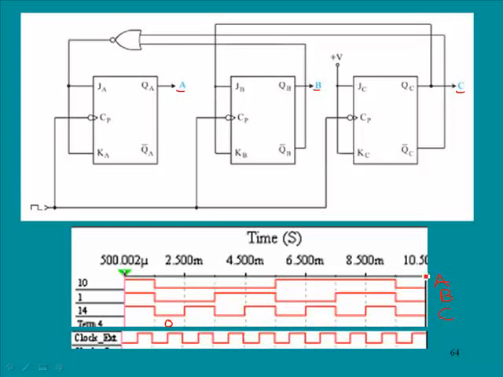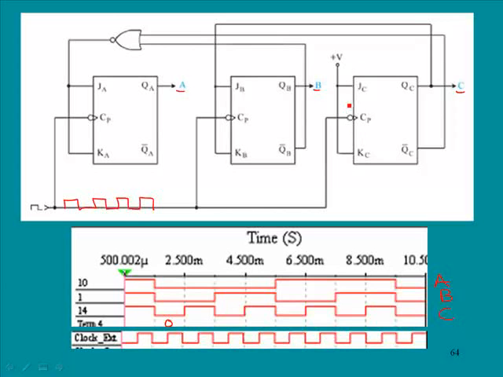Now, let's look at the initial state of this circuit. Notice that we have the clock pulse coming in right here. This is a synchronous counter, and what that means is that the clock pulse is fed into all the flip-flops at the same time. And so it will be clocking them depending on what is at the input of the flip-flop.